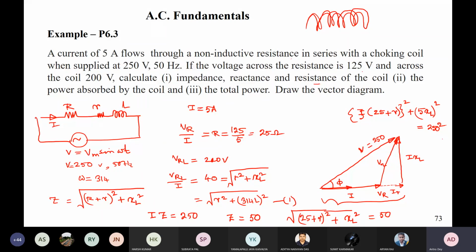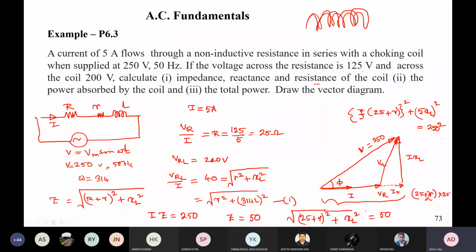So if you solve these two, you'll be able to find the value of what? R, isn't it? What will be the result? It will be 50 square minus 40 square is equal to (25 plus r) square minus r square. That means it is 25 plus 2r into 25, isn't it?